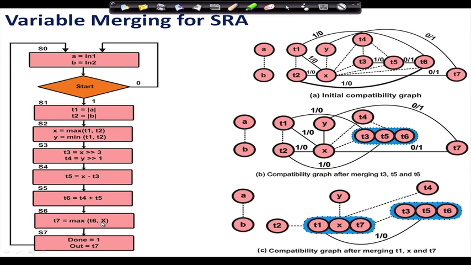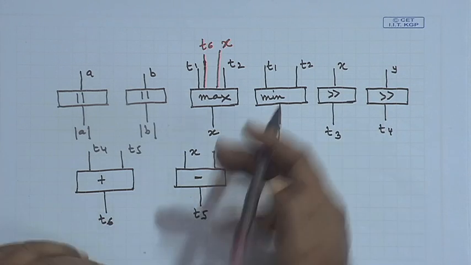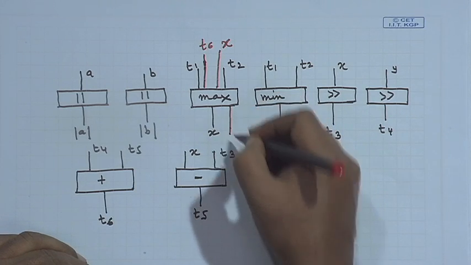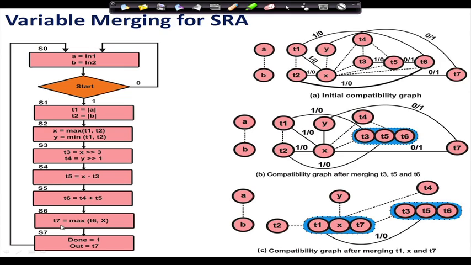Okay. Now, let us have another look, x and T7. What is our take on that? X is using the shifter. Where is T7? Yeah, sorry. The last max, output was T7.